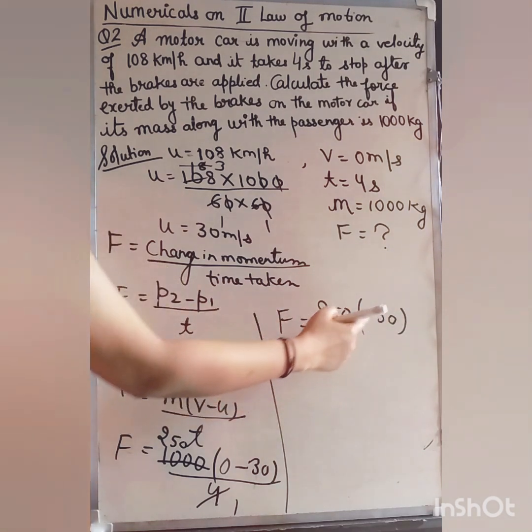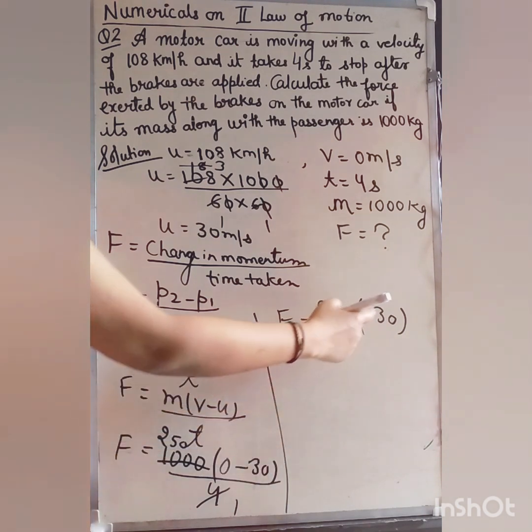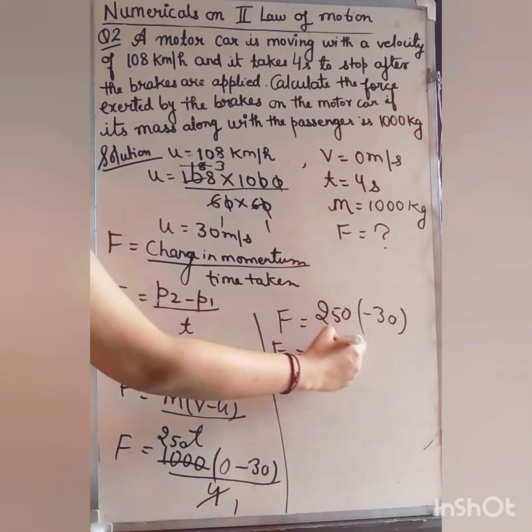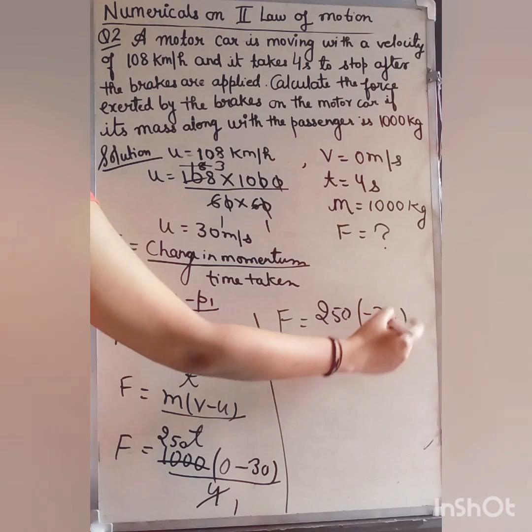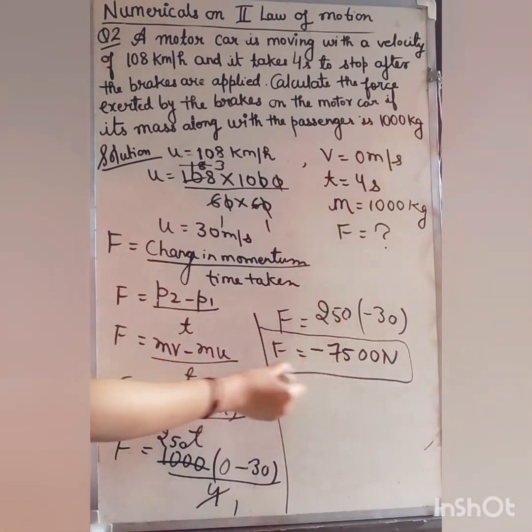So the value of force will be minus, and 25 3s are 75, into 2 zeros, that is minus 7500 Newton. This is the value of force exerted by the brakes to stop the motor car.